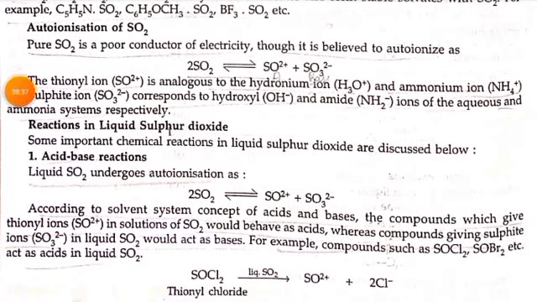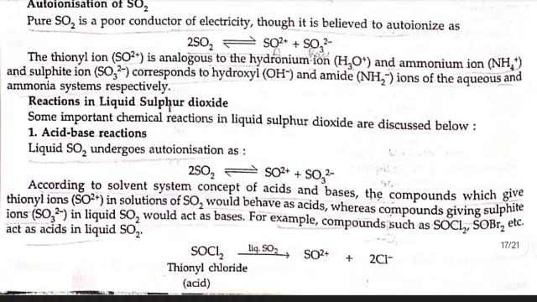Pure SO2 is a poor conductor of electricity, though it is believed to autoionize as SO2 positive and SO3 negative ions. The thionyl ion is analogous to the hydronium ion and ammonium ion, and the sulfite ion corresponds to the hydroxyl and amide ions of the aqueous and ammonia systems respectively.